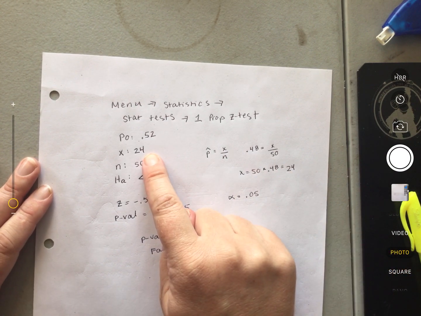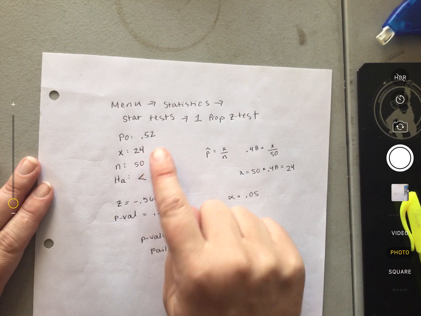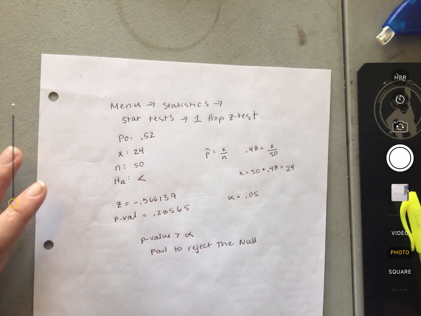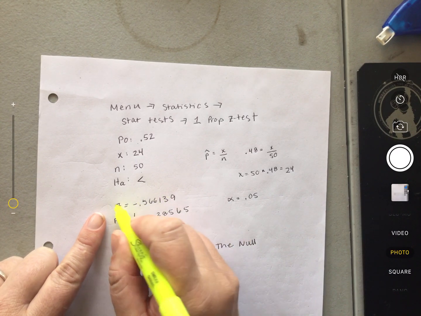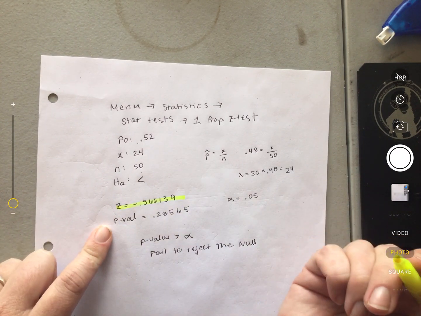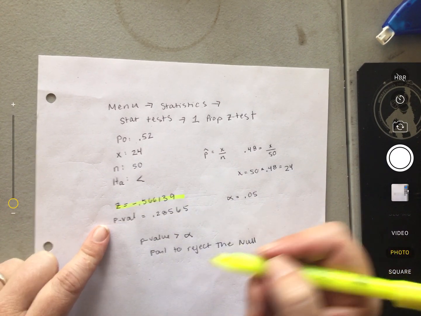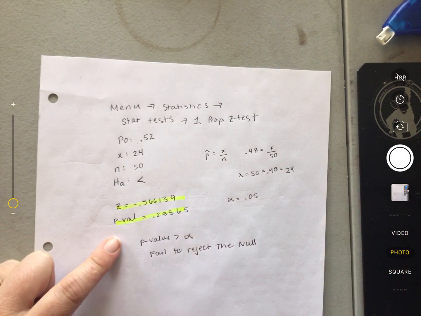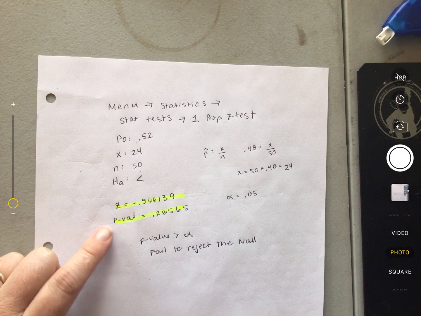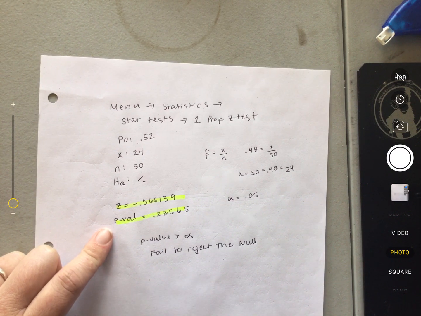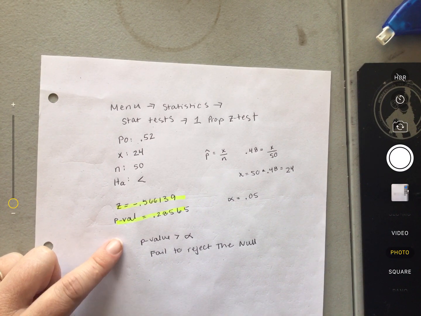So x is 24 here. After you put all of this into your calculator, your z statistic will pop out, and that's exactly what we got when we used the formula. And then it calculates your p-value for you, and that is what we also got using, I guess, normal CDF.